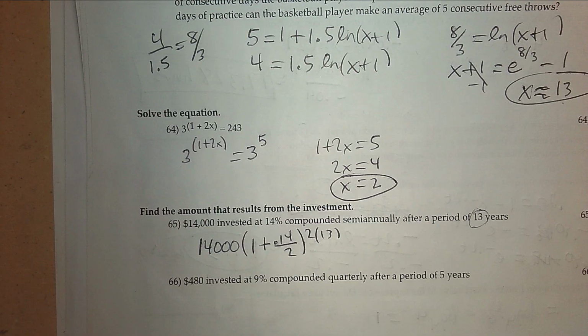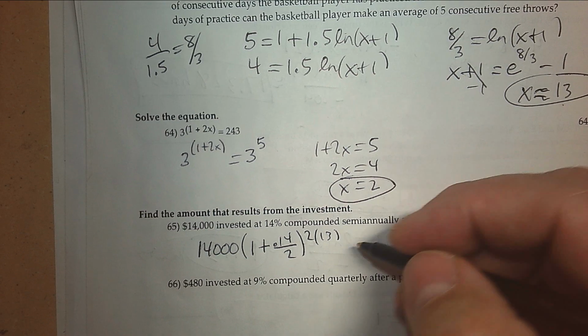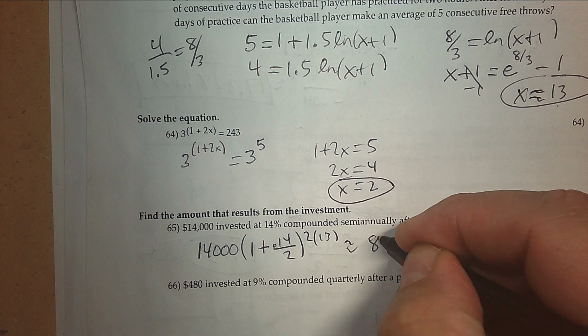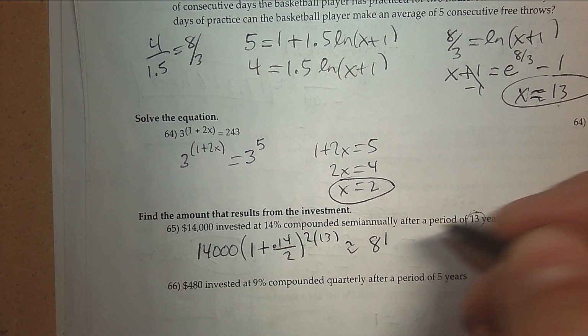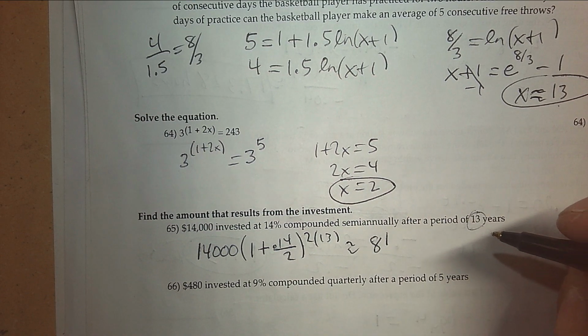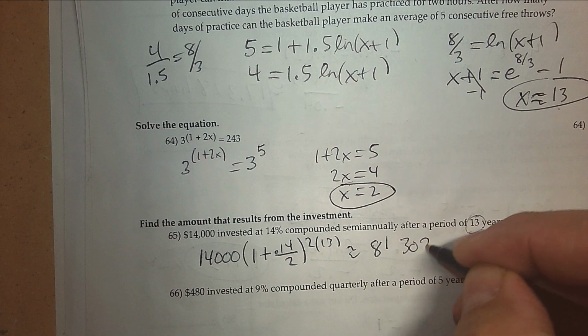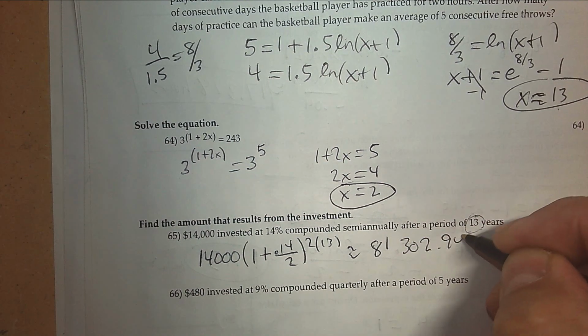So 14,000, 1 plus 0.14 divided by 2, and that's to the exponent 26. So that's $81,302.94.